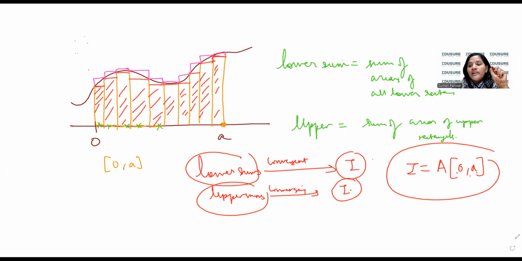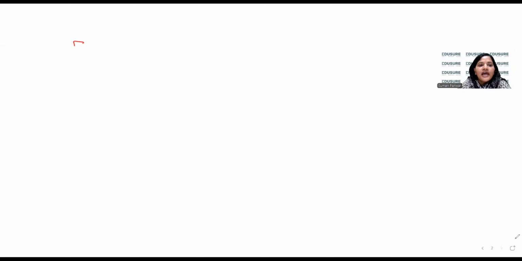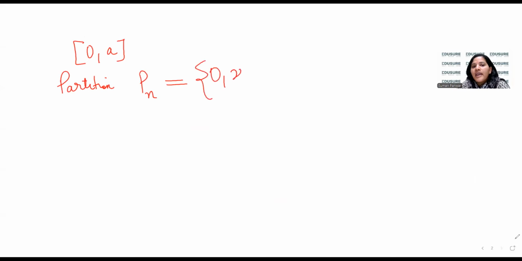Okay, so now let us formally define what is a partition. If you have an interval like this, we define a partition P_n as 0, x1, x2, x3 till x_n. This x_n is nothing but a, and this 0 should be named as x0.